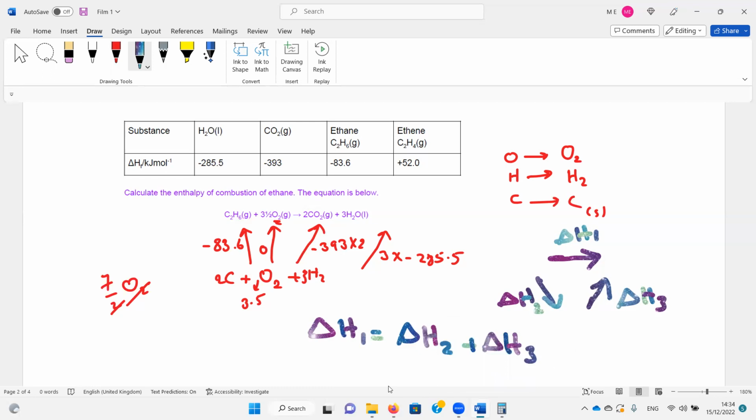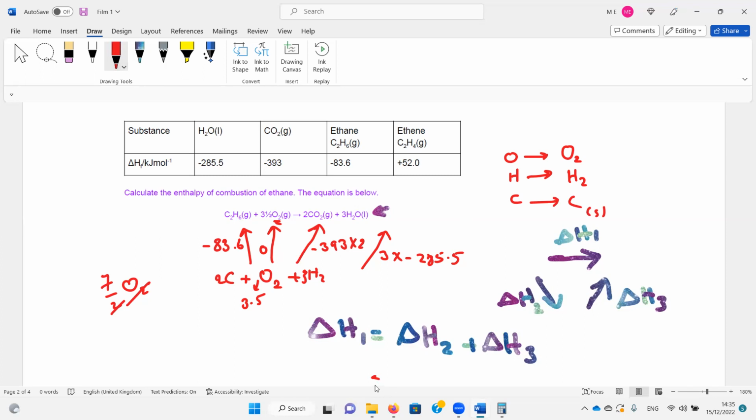Okay, so how can we do this? Let's see. Now, delta H1, which is this equation here, equals delta H2, and this is the side of reactants.